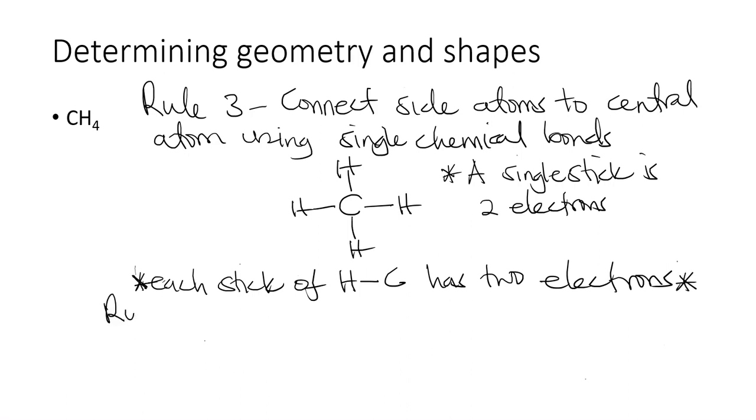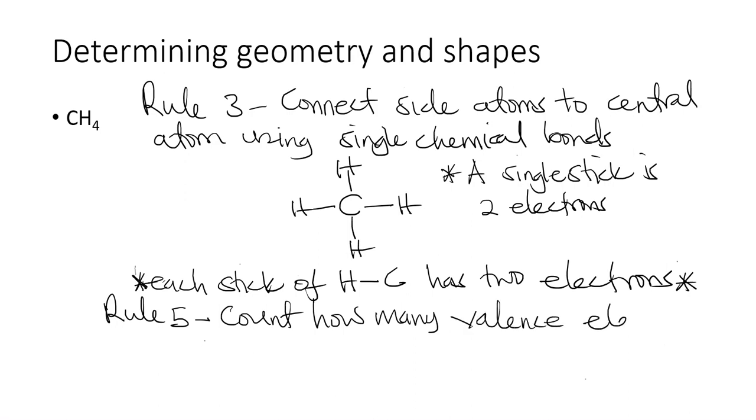Rule number 5. After you have given the side atoms 8 electrons, or 2 electrons in the case of hydrogen, count how many valence electrons are remaining.